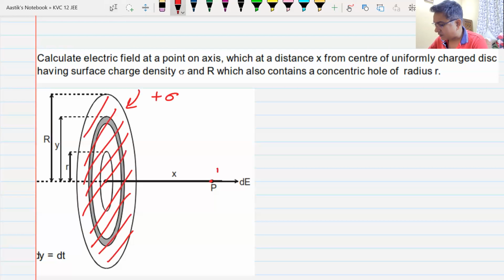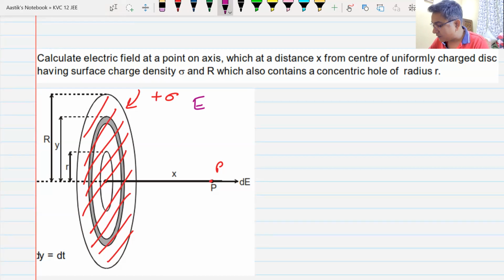What is the electric field at the point P? You just told me the answer. Sigma by 2 epsilon naught into 1 minus cos theta.